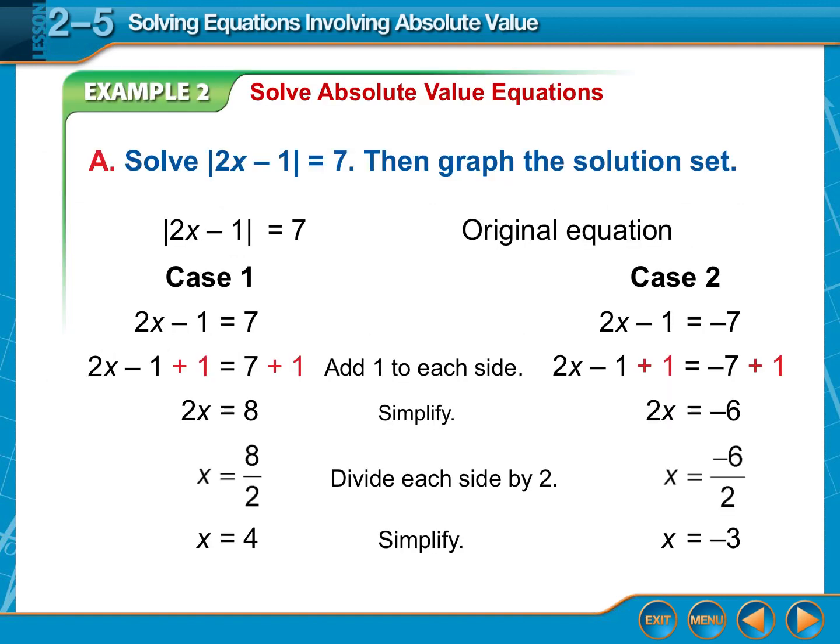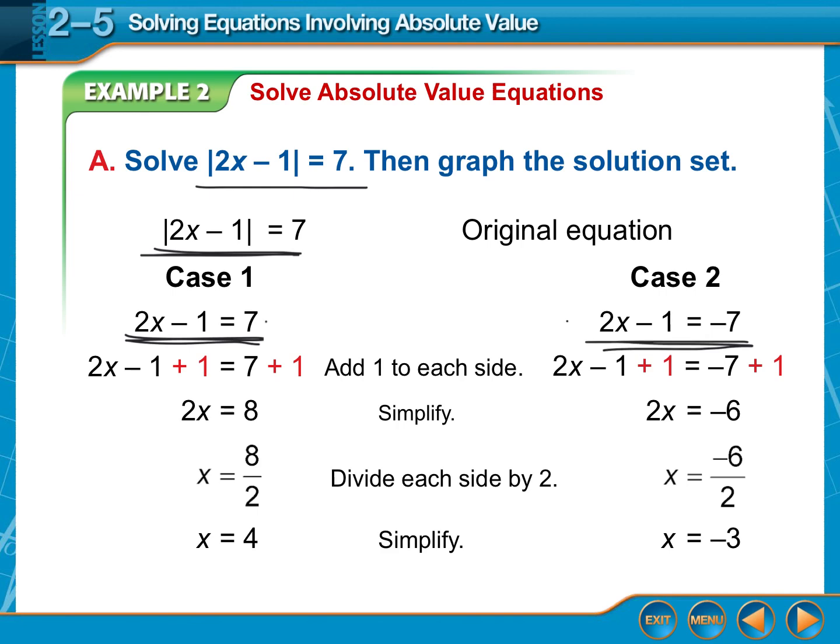So let's talk about this one real quick. It already has it done for you. You're given this, and you want to solve for x. But since it's an absolute value, we need to do it for both cases. You have the absolute value, what you started with, so this is the same here. What's different between these two?